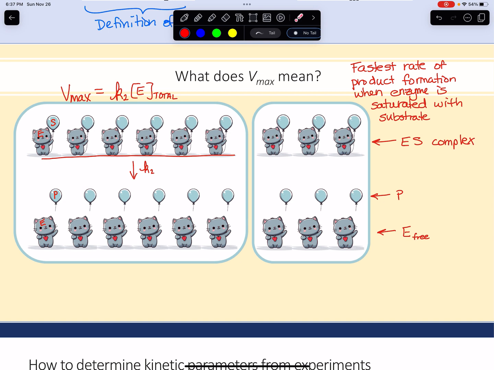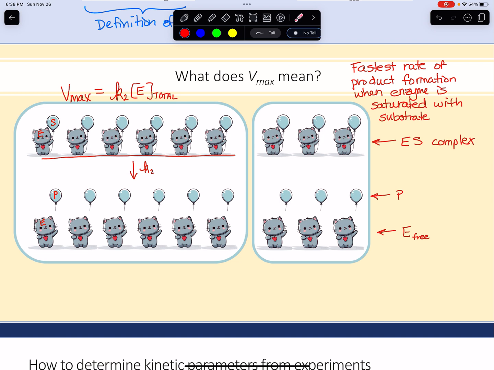So if I have more enzyme, I'm going to be able to see more product released in a unit of time. If I have fewer enzyme molecules there, naturally even if all of them are releasing product at the same time, I can only have less product that I see, okay?